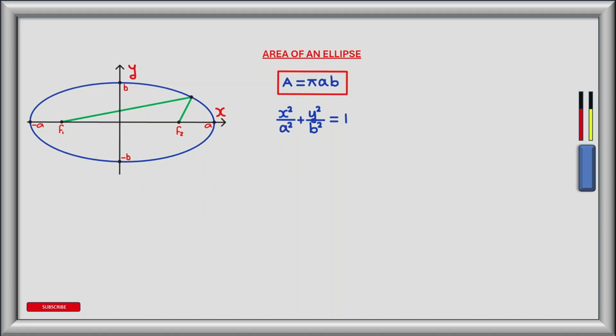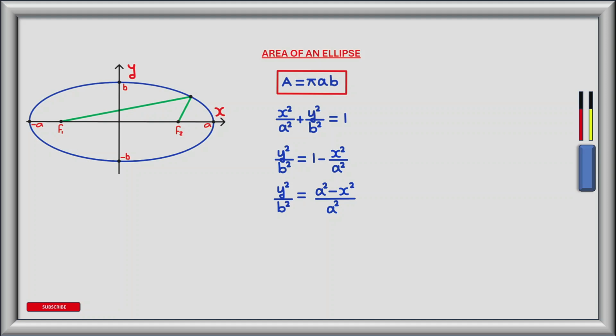So now let's prove that the area of an ellipse is equal to pi ab. If we subtract x squared divided by a squared from both sides of the equation of an ellipse, we get y squared divided by b squared is equal to 1 minus x squared divided by a squared.